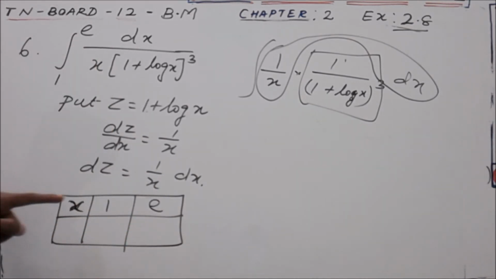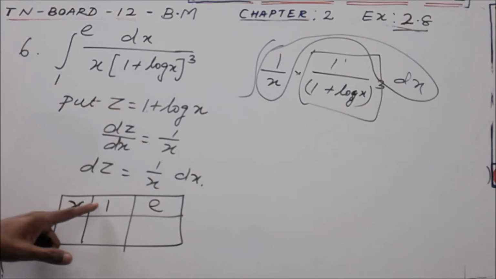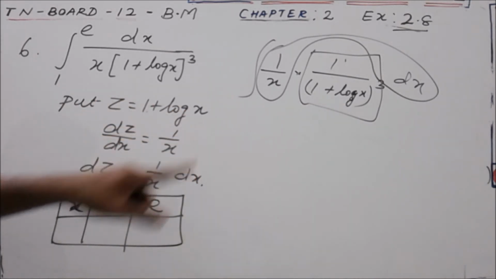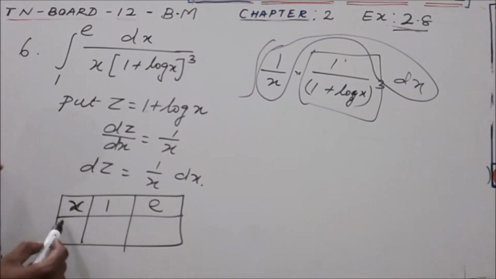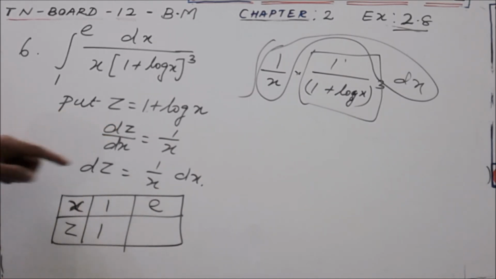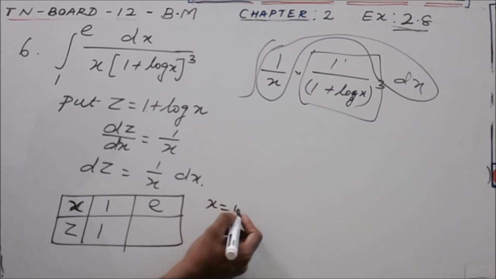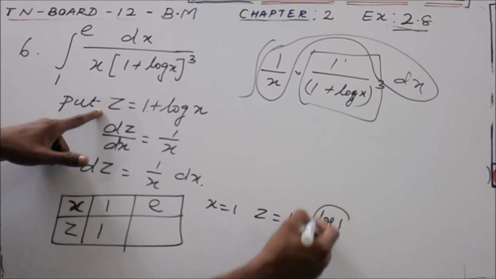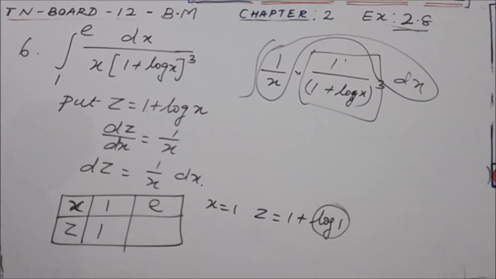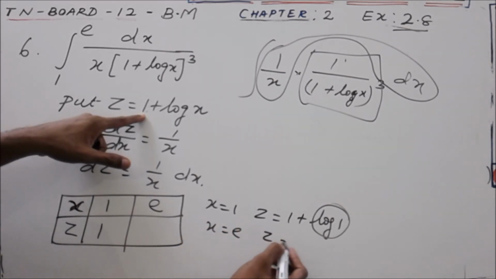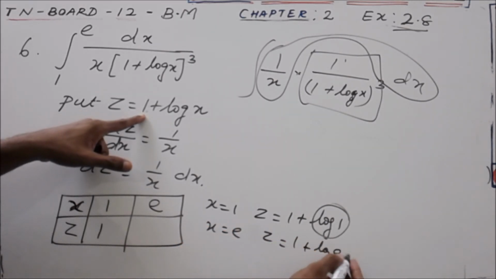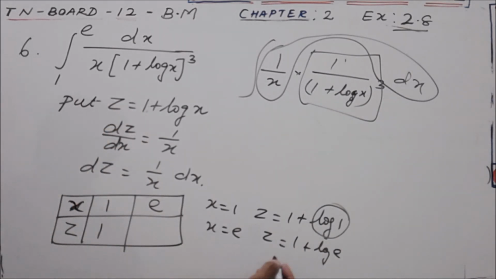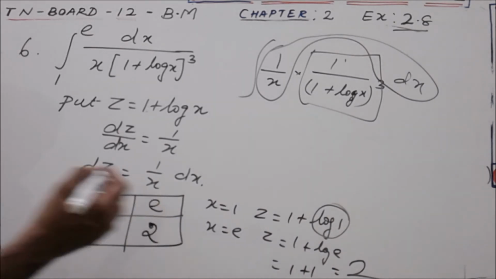Now substituting the x values in z: when x is equal to 1, z equals 1 plus log 1, log 1 is 0, so z equals 1. When x is equal to e, z equals 1 plus log e. Log e is 1, so 1 plus 1 equals 2. So the value of z is 2 here.